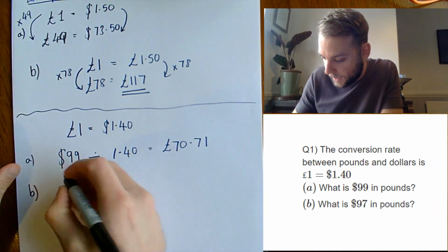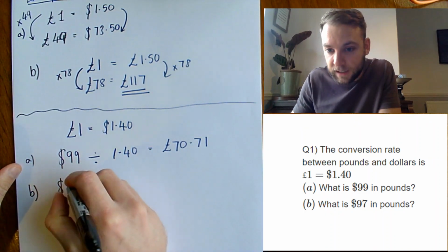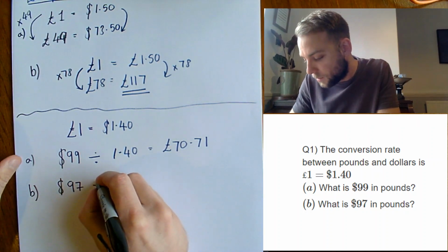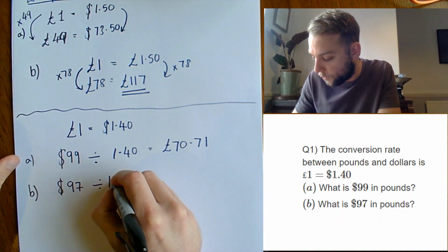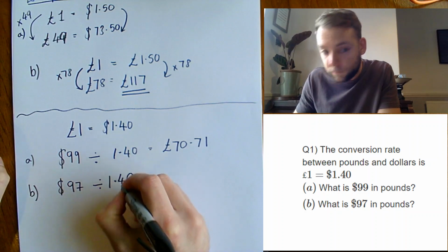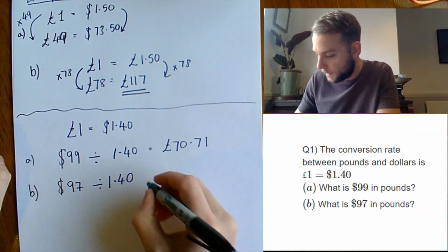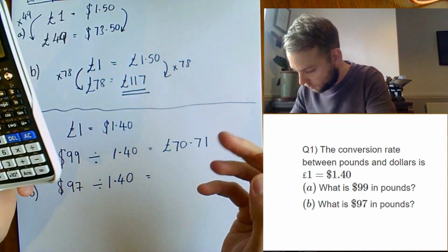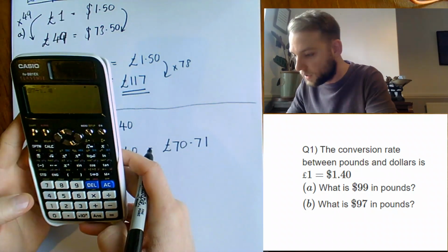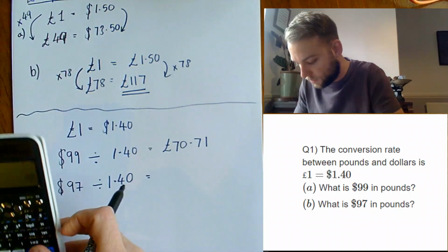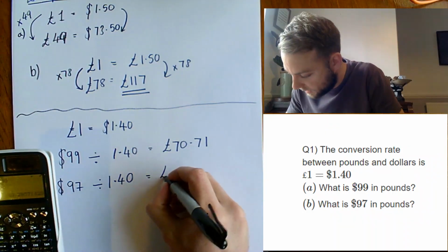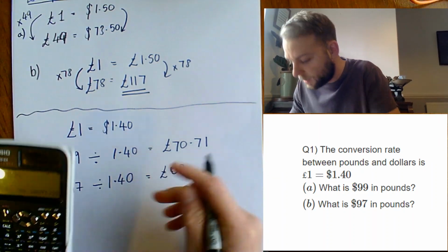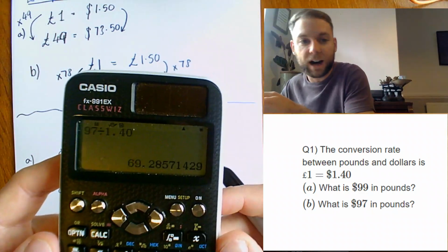So part B is how much is $97, so not far off. Again, I'm converting back, so I'm going to be dividing by 1.40, like so. So 97 divided by 1.40 is equal to 69.285.